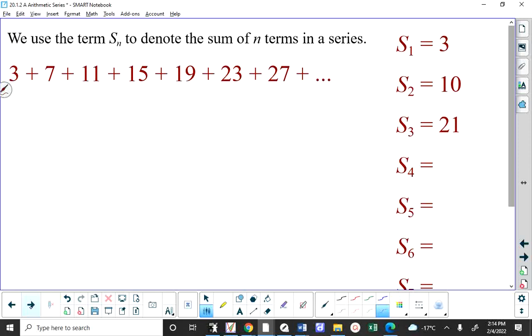I want to point something out to you here. And I think this is very important. If I said to you right now, what is S4? You don't have to add up the first 4 terms. You could say, and this is really, really important for later, that S4 is going to be S3 plus T4. Can you just let that sink in?